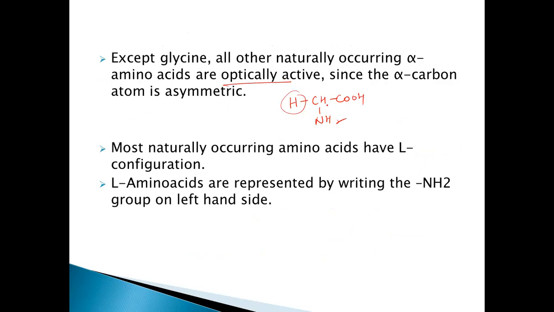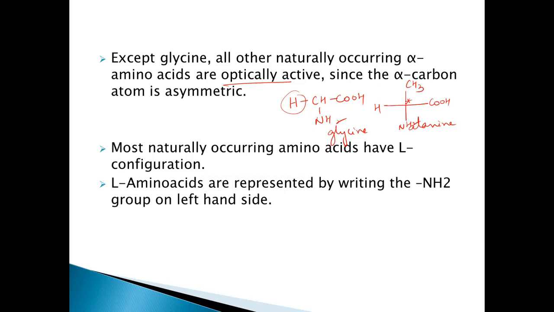What does it mean? For a molecule to be optically active, there should be an asymmetric carbon. If I write the structure of alanine here, this is alanine and this is glycine. R will be CH3 in this, with H, COOH and NH2. This is alanine, where we find the asymmetric carbon.